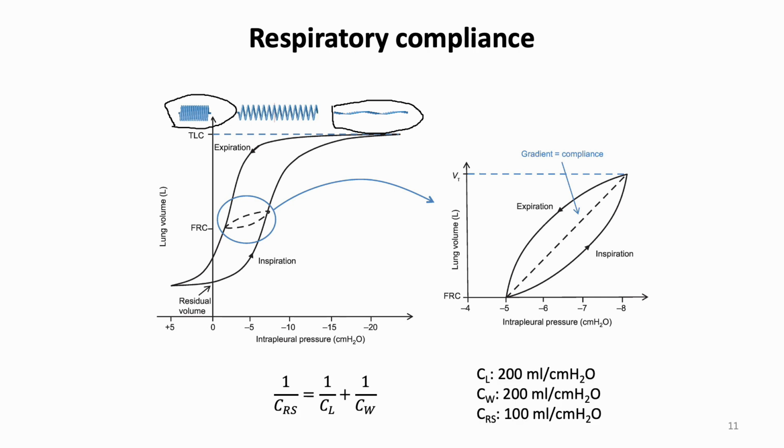Just to say here that the compliance of the whole respiratory system depends both on the compliance of the lungs and of the chest wall, which is what I've shown down here.